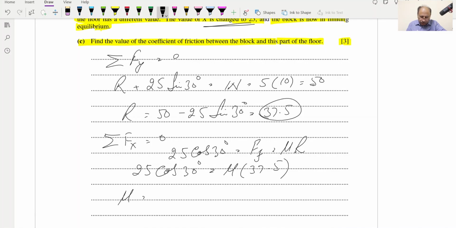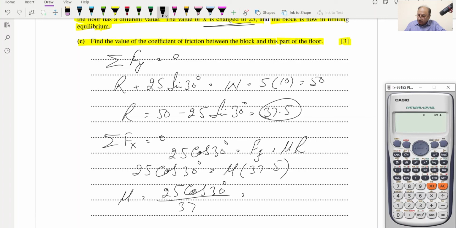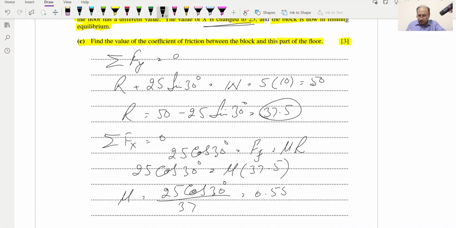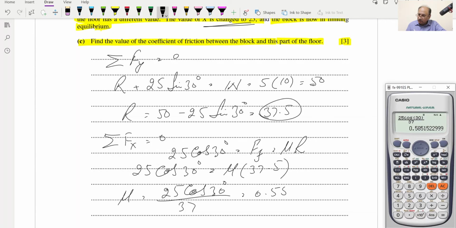So mu value will be equal to 25 cos of 30 degree divided by 37.5, and calculator will be giving us answer 0.585.